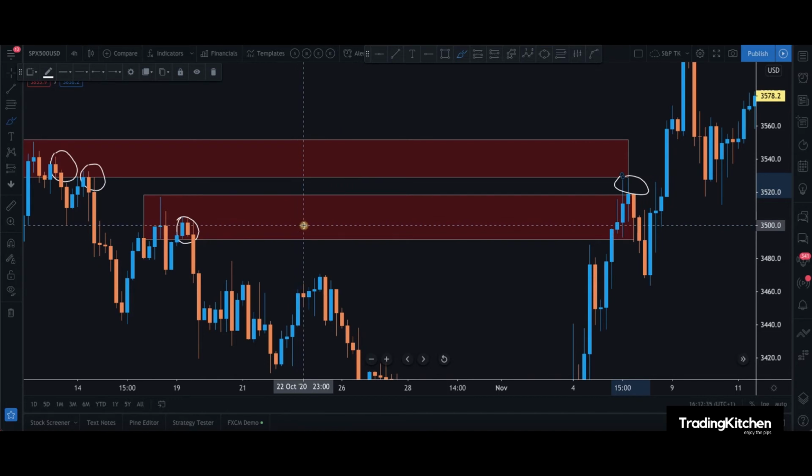Okay, all these areas are generated by Doji, or better, you can easily find them with a Doji.